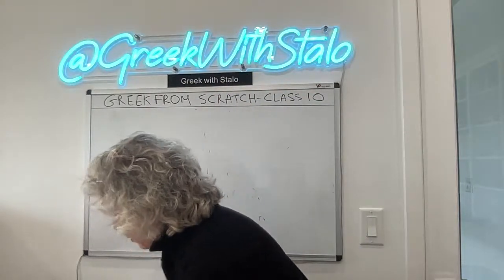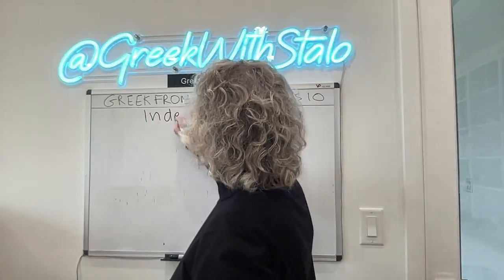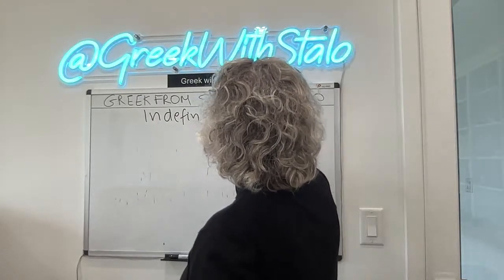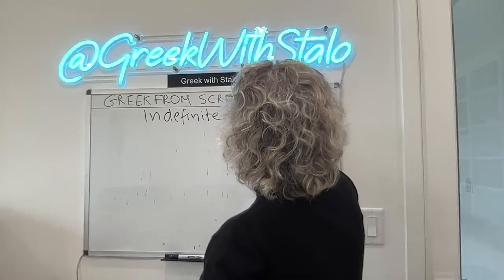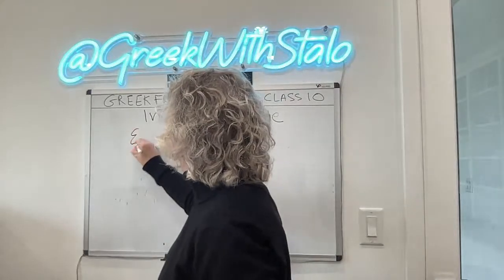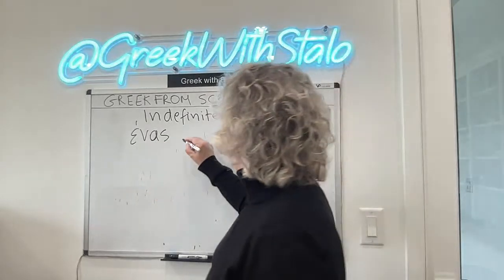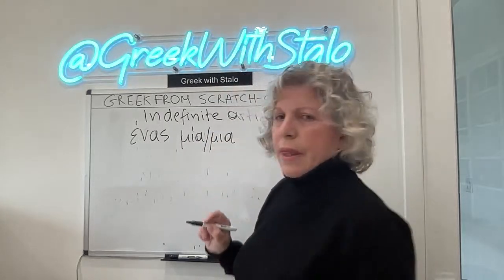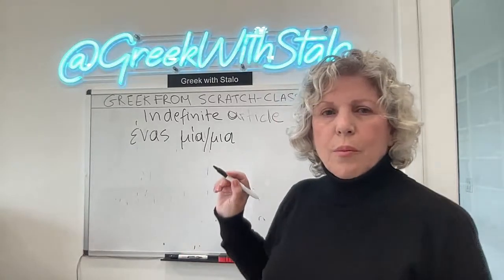Okay, next we learned the indefinite article. The indefinite article in Greek is ένας, the masculine form, μια, the feminine form, and the neuter form, ένα.